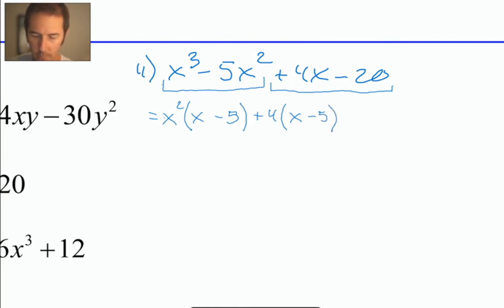And wouldn't you know it, I've got a term here and a term here, and each one of those two terms contains a common factor. It's the really glaringly obvious one again. It's the one that's in parentheses. So we're going to do what we did in the previous exercise, which is factor out a binomial from these two terms.